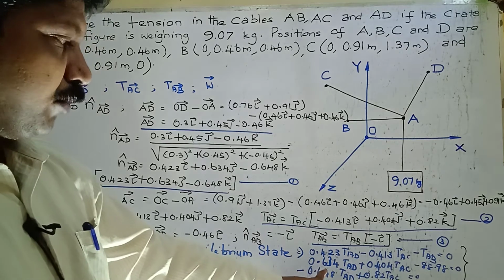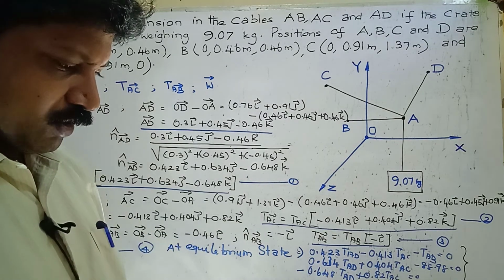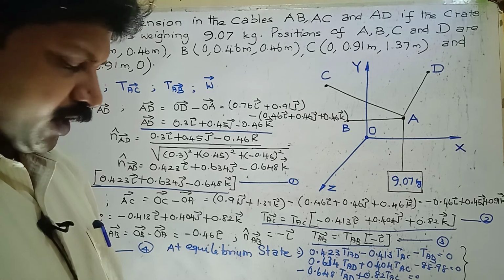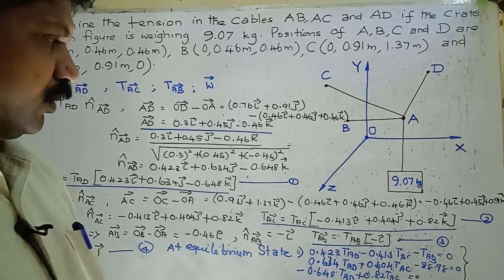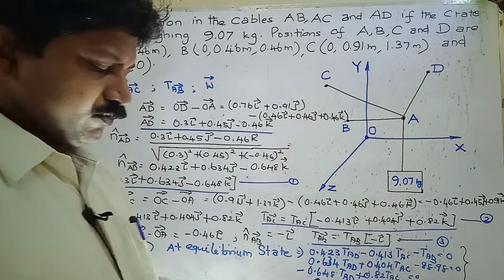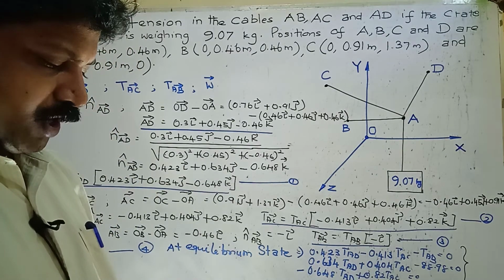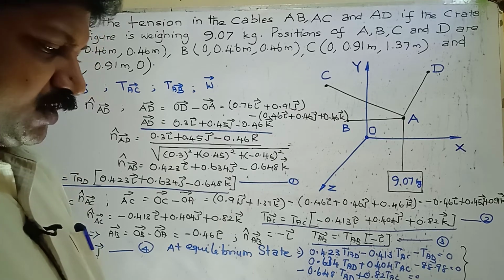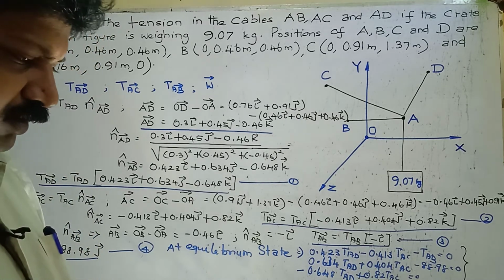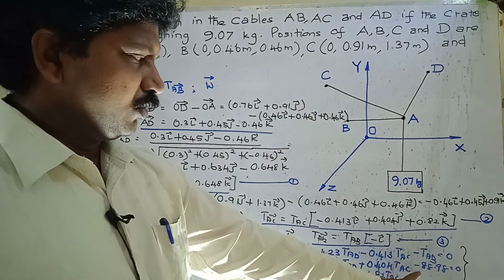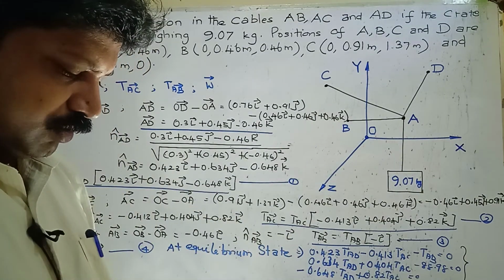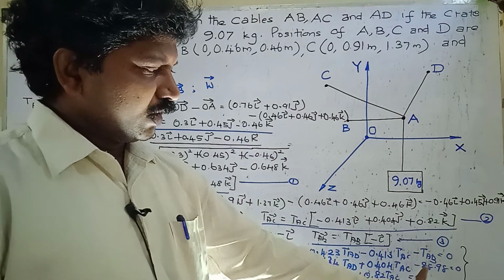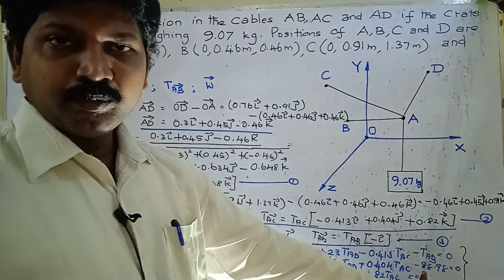A2 equals 0.634, so type 0.634 and then equal. B2 equals 0.404. And then equal. What is the C2 value? C2 equals 0, as no TAB is available. And then equal.